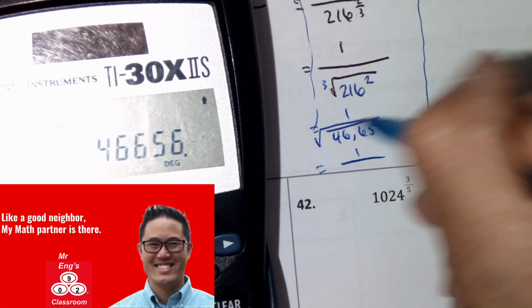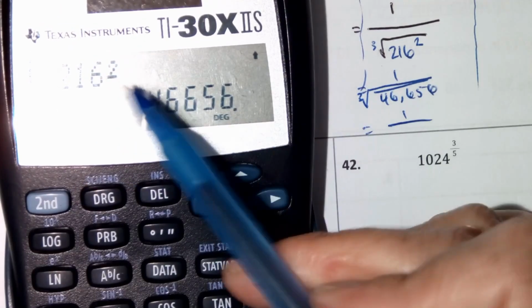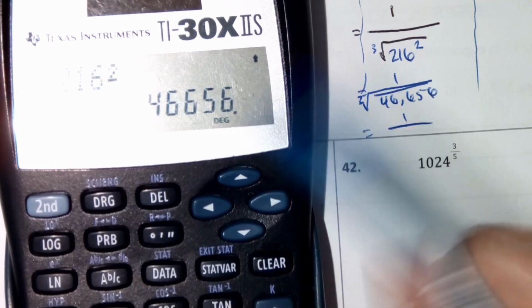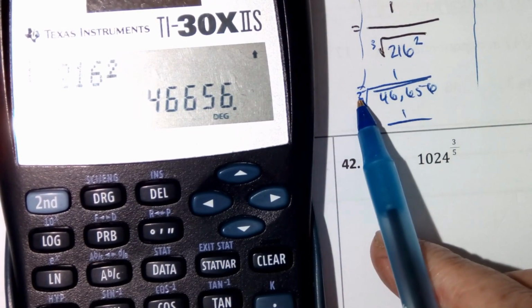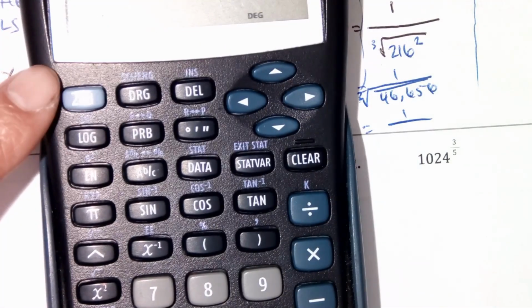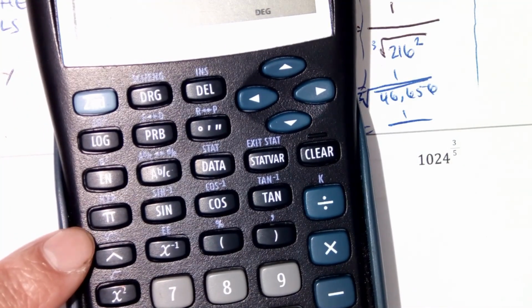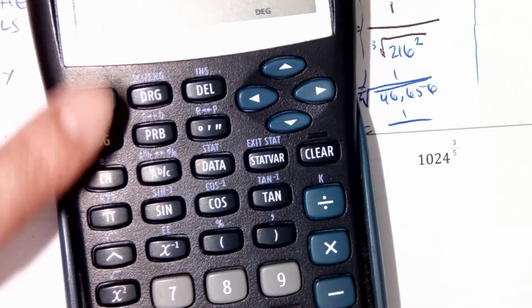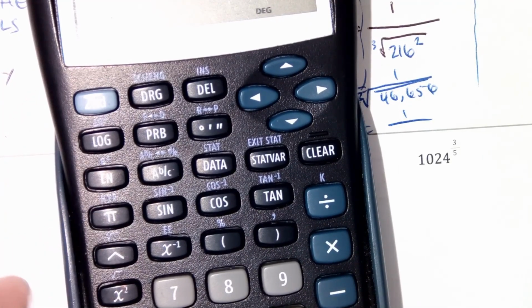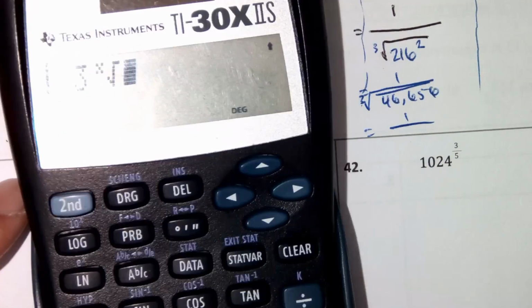And then you can type into your calculator the cube root of 46,656. So second, up here, this caret button, and you can also use this button here.